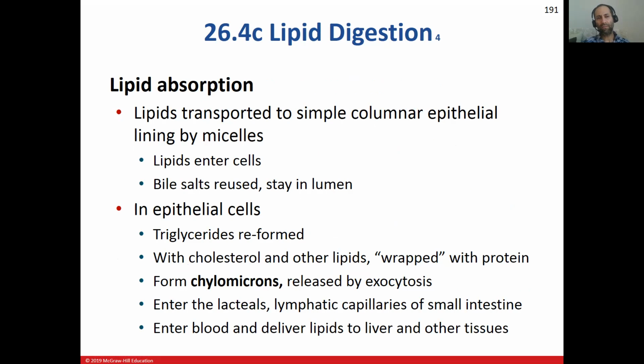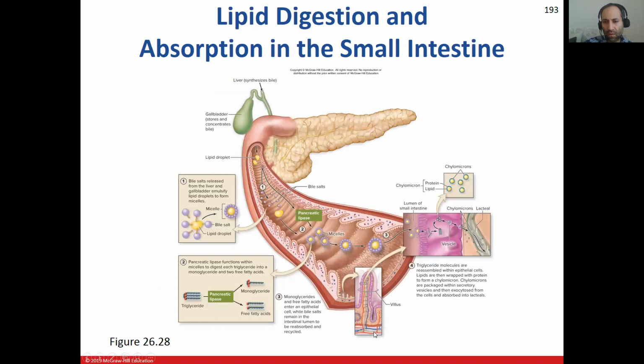Okay, so what happens once the fats are broken down and they are absorbed by means of the small intestine? Well, lots of fats actually enter your lymphatic system by means of the lacteals, as you can see here, all right? And then they also enter your bloodstream, and then they get delivered to the liver and the other tissues in your system, okay?